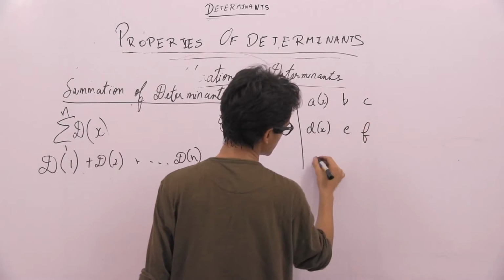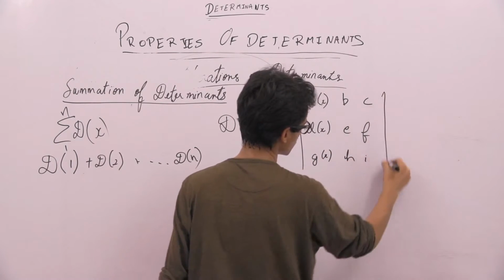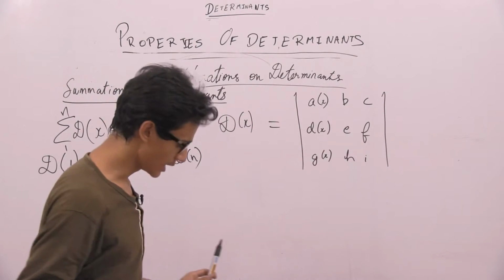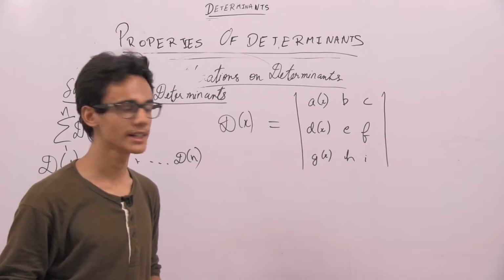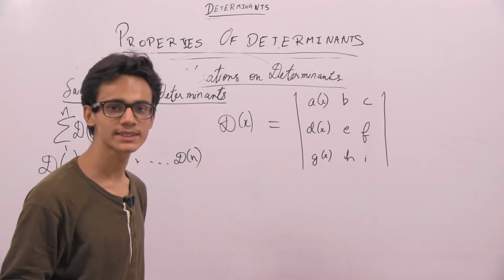In this determinant, all the elements in the first column are dependent on x, but all the elements in the second and third columns are independent of x, i.e. they are constants that do not vary with x.